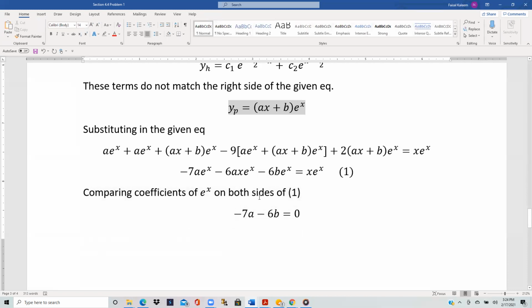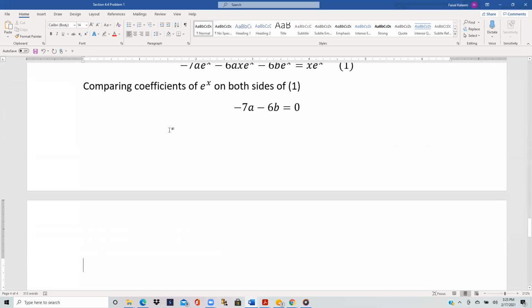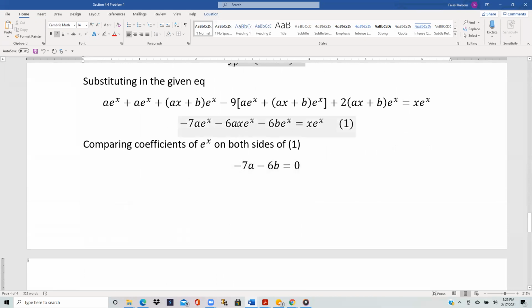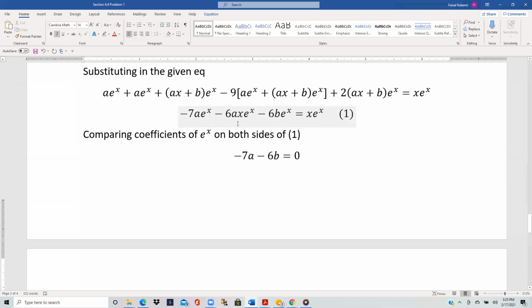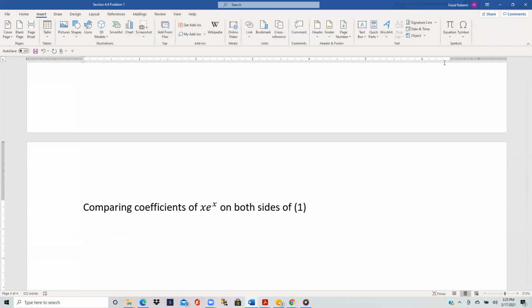Actually, I said that the ex was simpler because I was looking that it has 0 on the right-hand side, but actually it turns out that the xex is simpler. But doesn't matter. So comparing the coefficients of xex, because for xex we have only one term on the left side. So both sides of 1, what do we get?